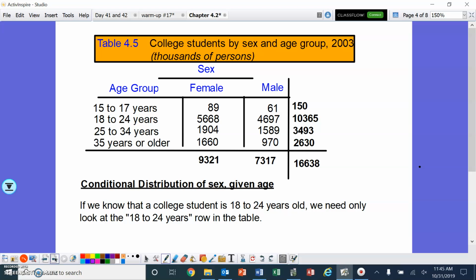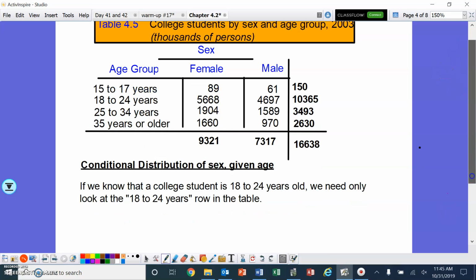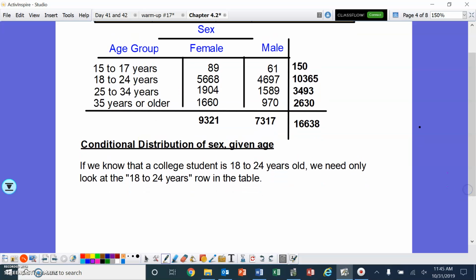So same table, except this time we're going to do a condition. The condition here is, given an age, what would the percentages be? So if we are interested in just this age group, okay, that's our condition, 18 to 24-year-olds.